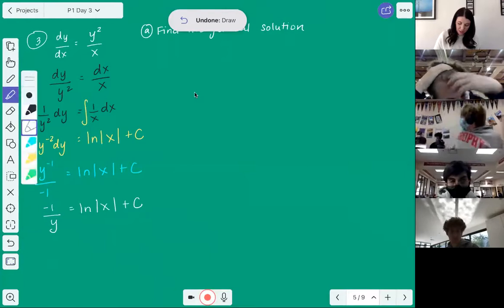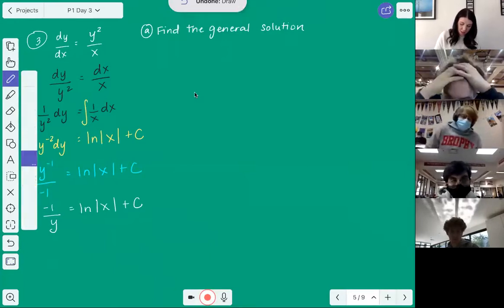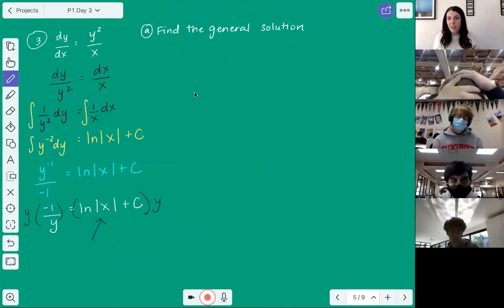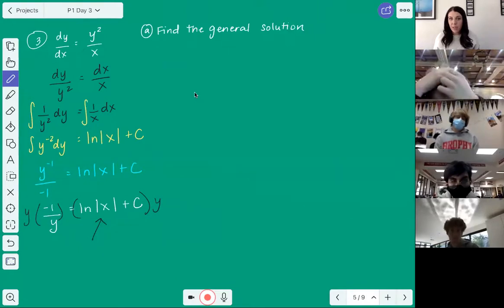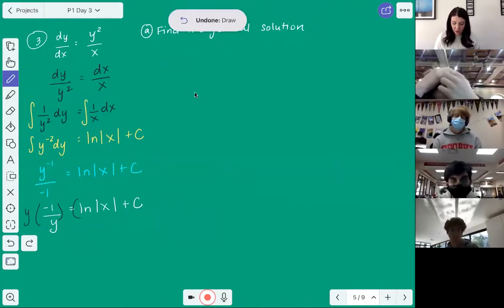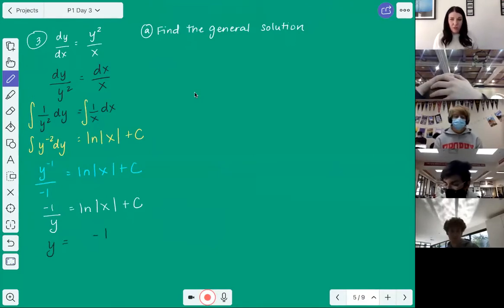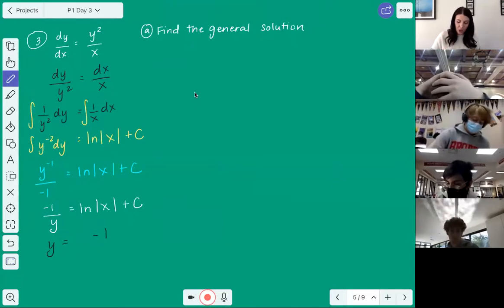Here's an easier way to think about this. If I multiply both sides by y, and then I would have to divide both sides by this equation, right? So I'm really swapping out the y and that ln equation. What I end up getting is y equals, you still have a negative 1, which is the thing I didn't hear you say, Charlie, over that whole other side, ln of x plus c.